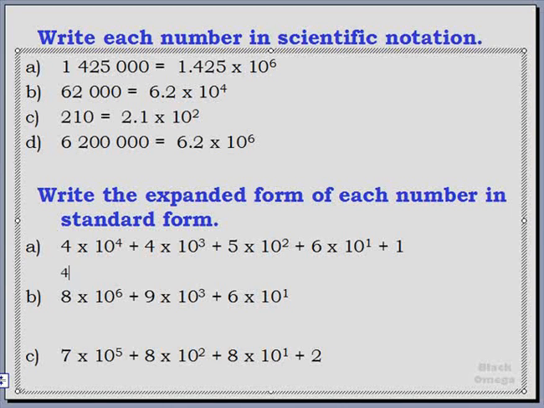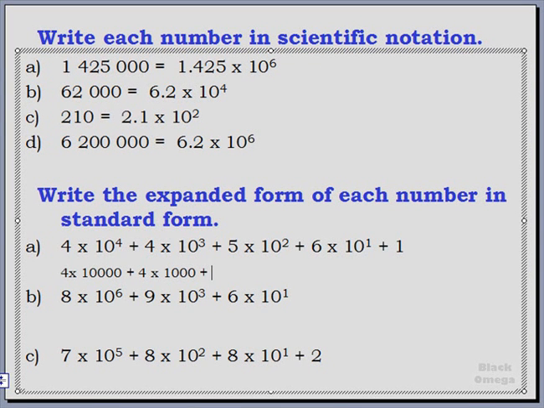So we have 4 times 10, 1, 2, and we have 4 zeros because the zeros will equal our exponent, and then plus 4 times 10 to the power of 3. That means we're going to have 3 zeros, so it's 1, 2, 3, 1,000.